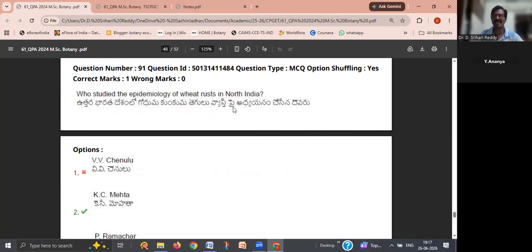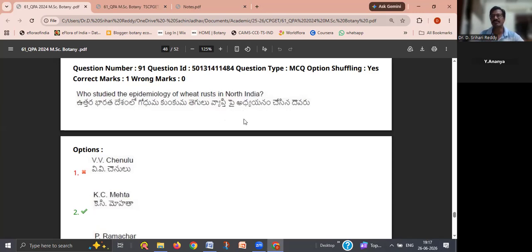We know about Puccinia graminis, which causes wheat rust. We already discussed the different kinds of spores present in the life cycle of Puccinia, the pathogen that causes the rust disease in wheat.